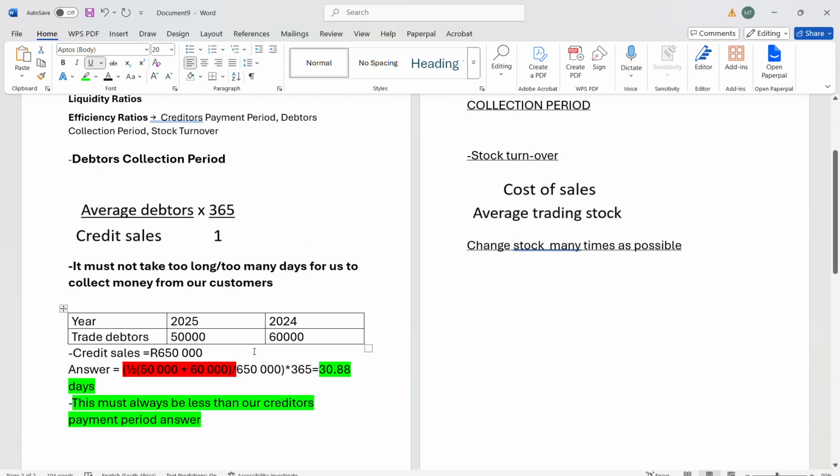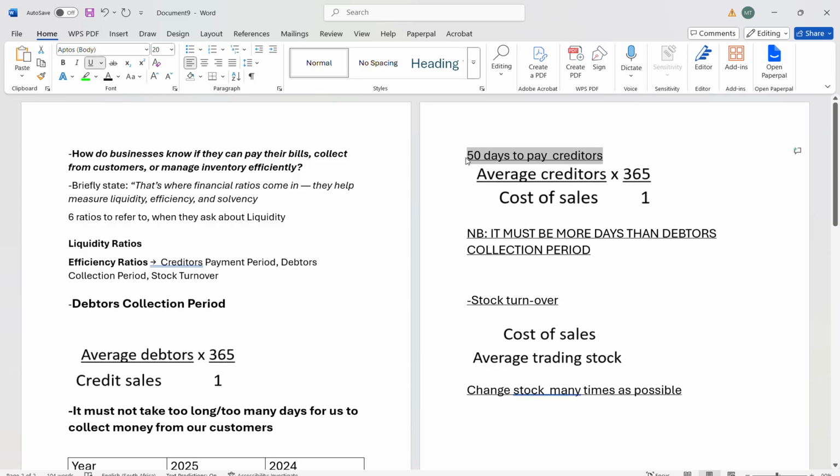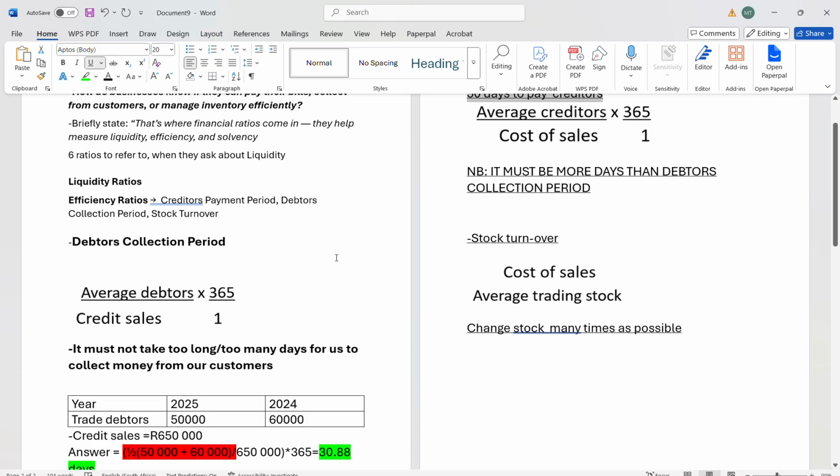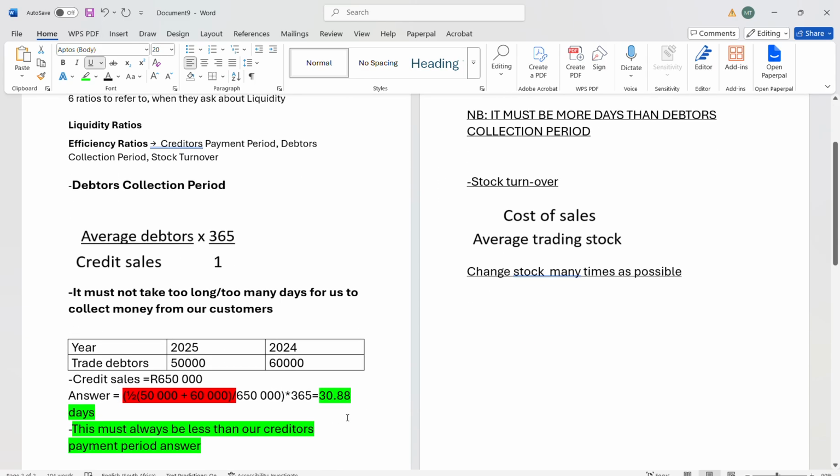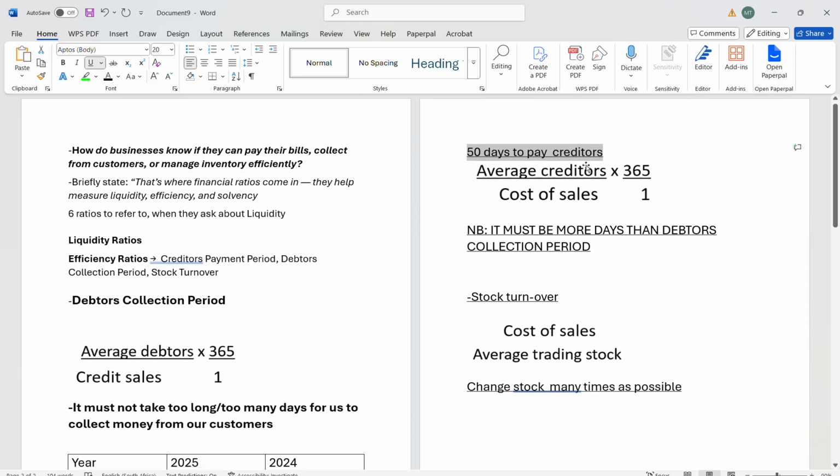So it takes you 30 days to collect money from your customers, but 50 days to pay your creditors. It's a good thing because you can use the money you collect from your customers to pay your creditors or suppliers, because 30 days is less than 50 days.